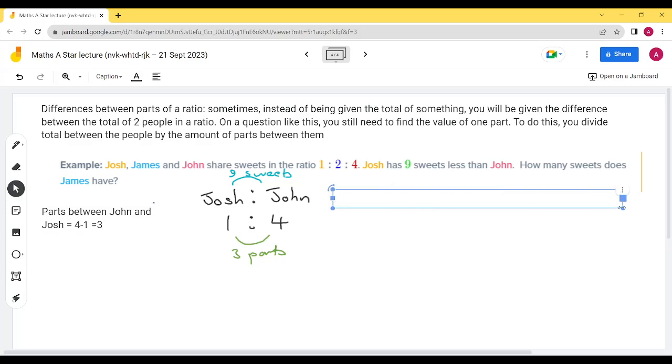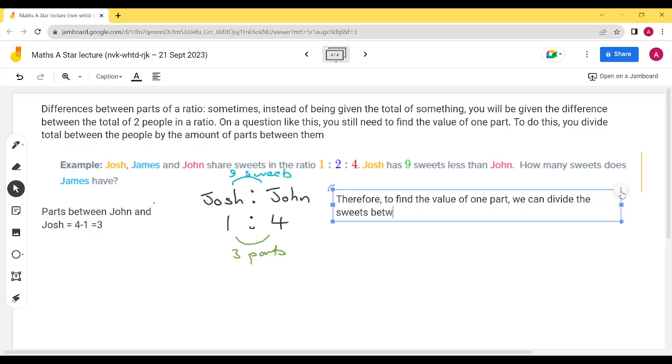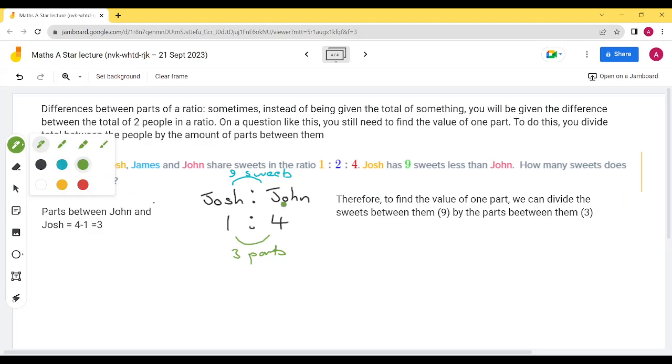And so, therefore, to find the value of 1 part, we can divide the sweets between them, which is 9, by the parts between them, so 3. And so you can say down here, 1 part equals 9 divided by 3 equals 3.